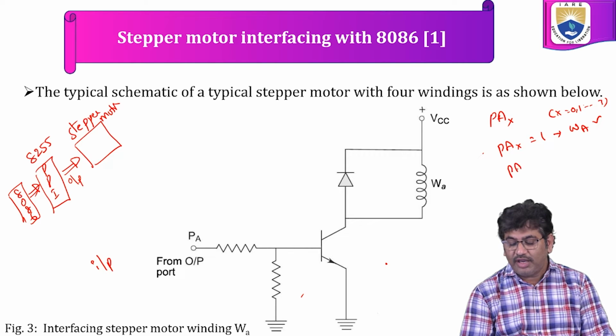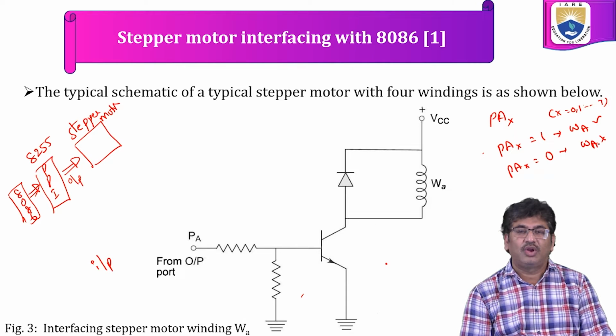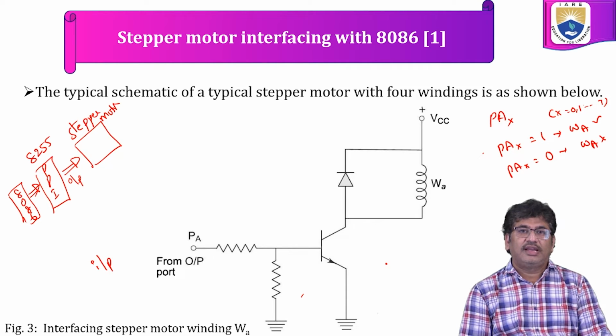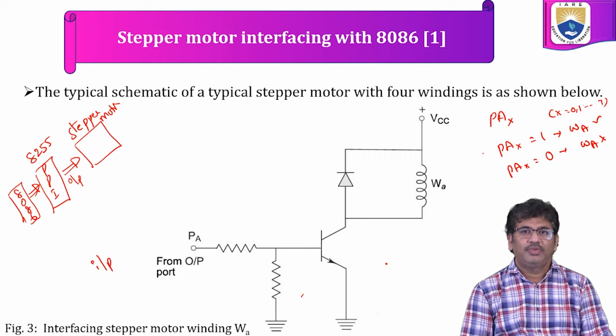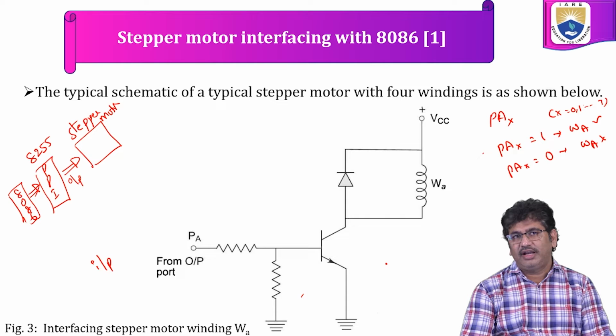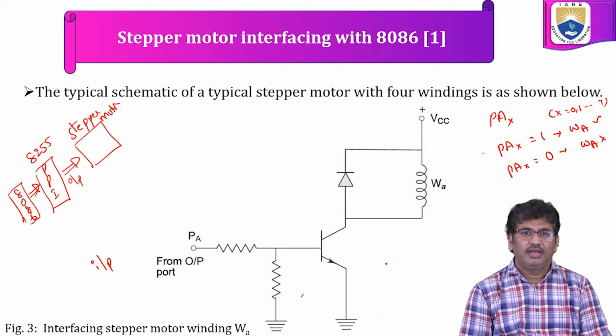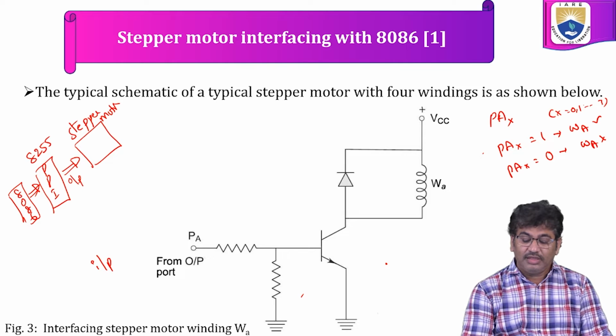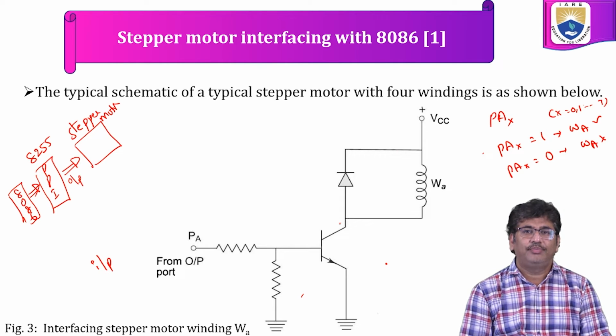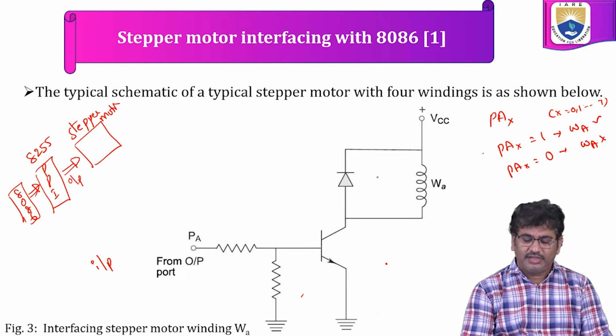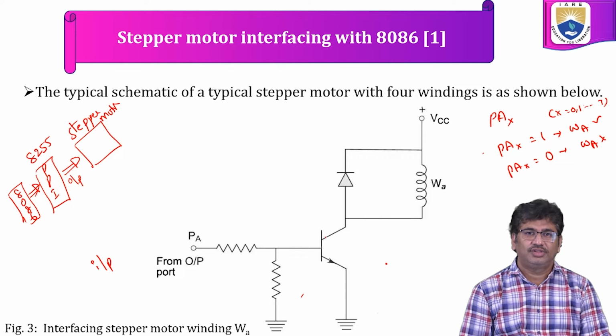If the port A corresponding bit is equivalent to 0, this winding is not excited because the transistor is not biased properly. If you give logic 1, the transistor is in the on state, so a current will flow from VCC to ground through winding A. This diode is for clamping. If any excess voltage appears, it will be short circuited.